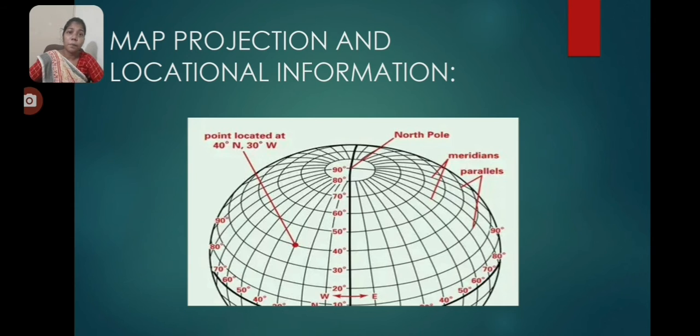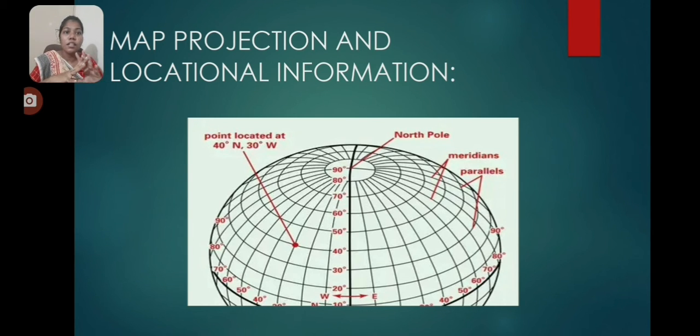Next, we'll be talking about map projection and locational information. What is a map projection? For example, Earth is a sphere, right? So we cannot show the three-dimensional effect, so we have to project it in a flat form.